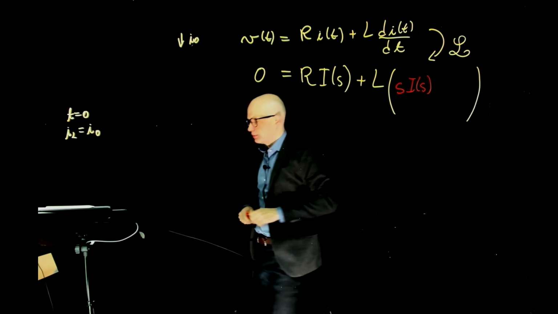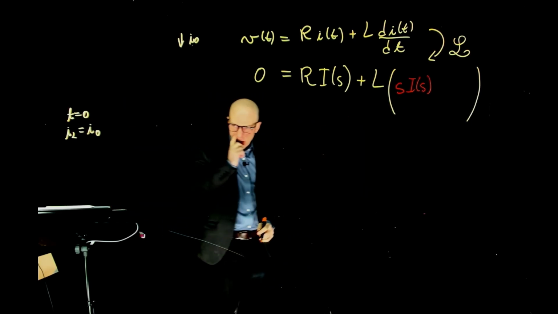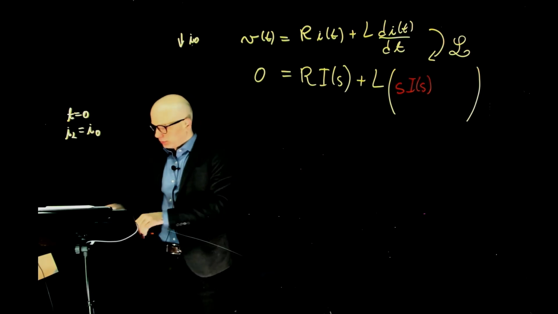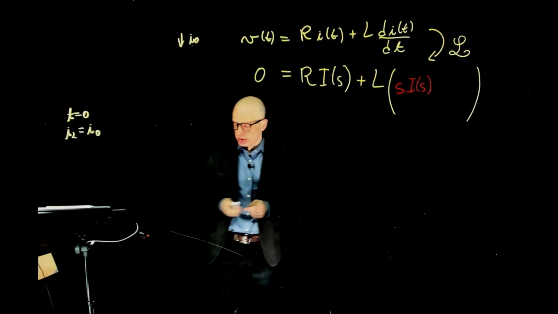What is missing? Let's go back here. We did the first term that is circled in red. The second term states that we need to subtract the initial condition from the function F of s. What initial condition exists here?